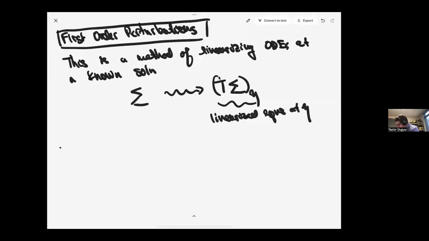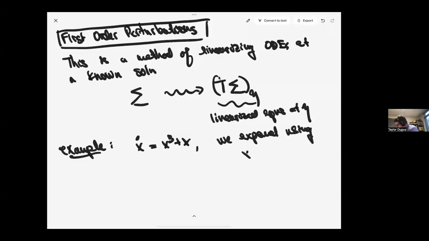Okay, and so the basic idea is like this. We take a nonlinear differential equation, and then we expand, using that x looks like x0 plus epsilon x1, where epsilon squared is equal to 0, and x0 is a solution.